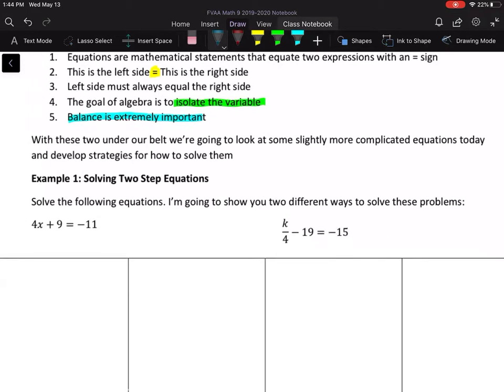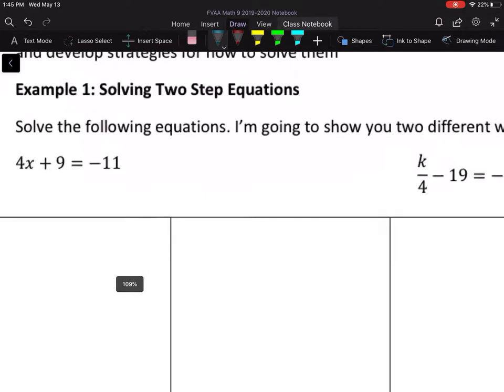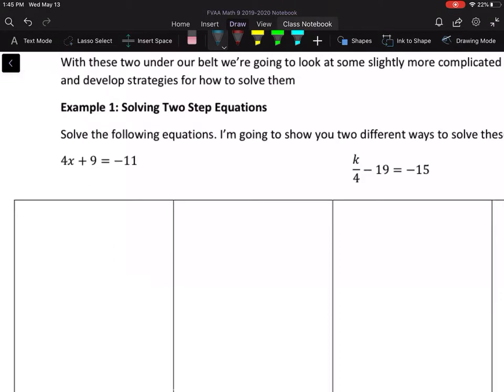Okay, so here the example one, solving two-step problems. The following equations, I'm going to show you two different ways to solve these problems. So here, the left-hand side, right-hand side approach.